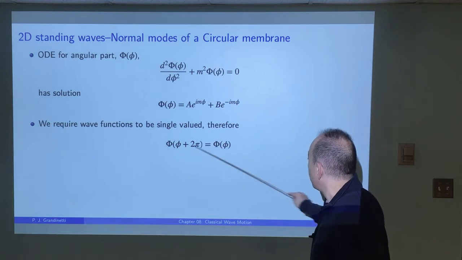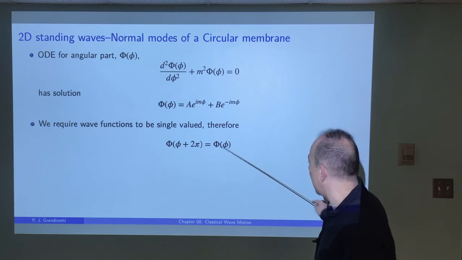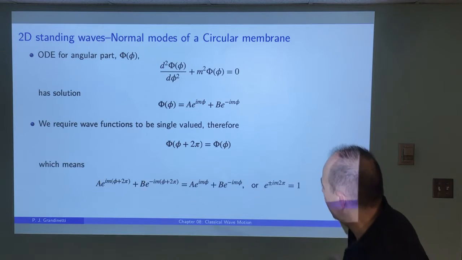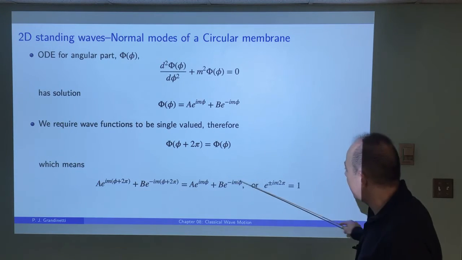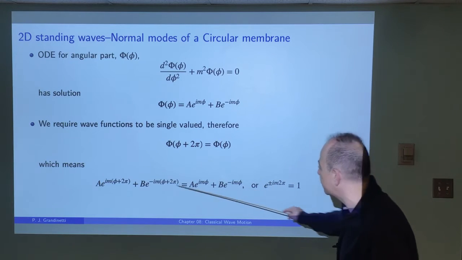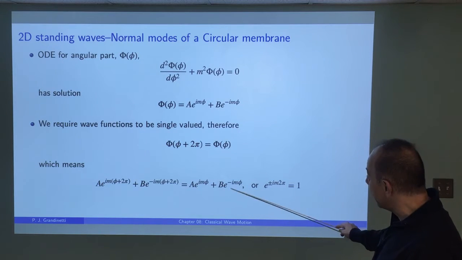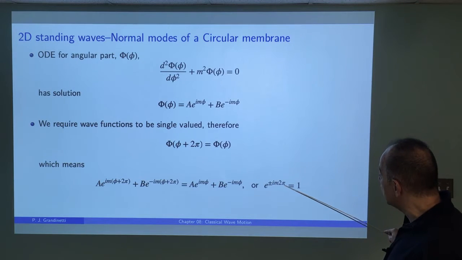So we're going to represent that by saying the solution at phi plus 2 pi has to be equal to the value at phi. So if we take this solution and plug in phi plus 2 pi on the left and set it equal to the solution at just phi, making sure it equals this side, the only way we can make this happen is that we require that e to the plus or minus i m 2 pi be equal to 1.